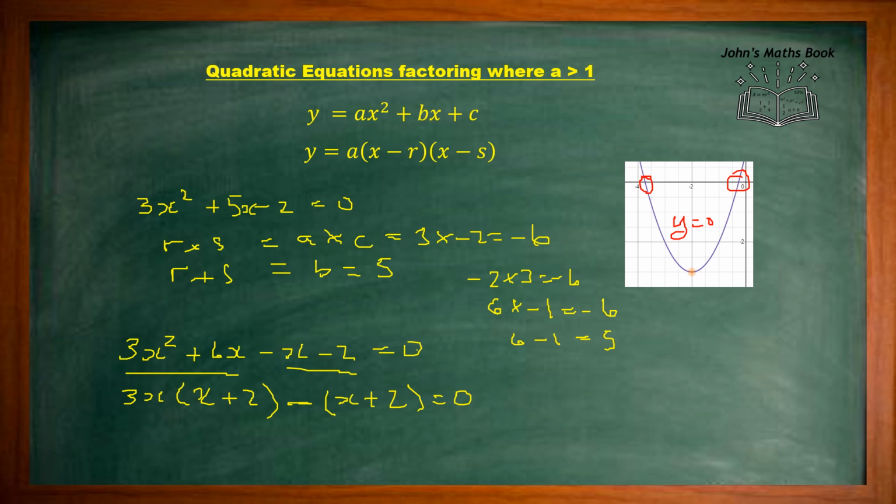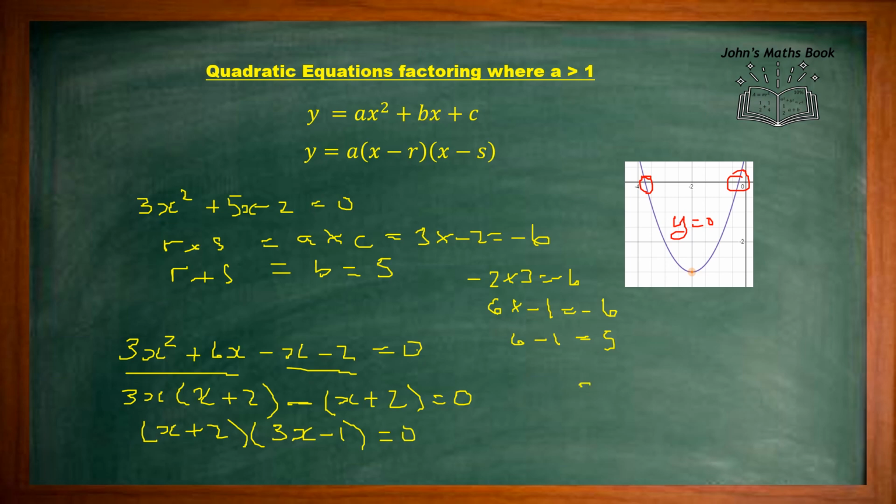So we can factorize this expression as there's a common term of x plus 2. So let's factorize it, and we get (x plus 2) multiplied by (3x minus 1) equals 0.